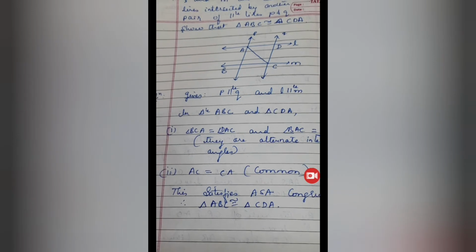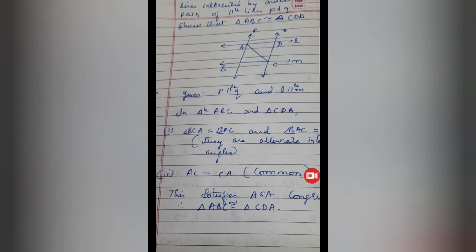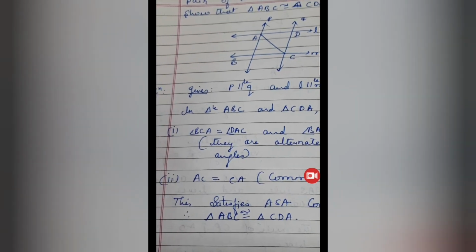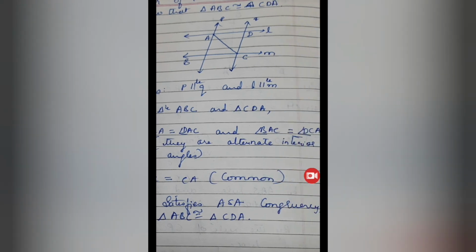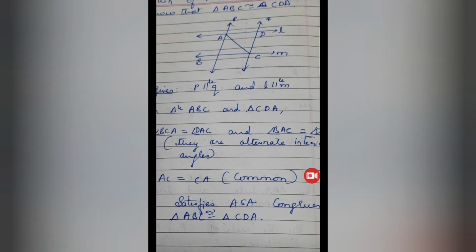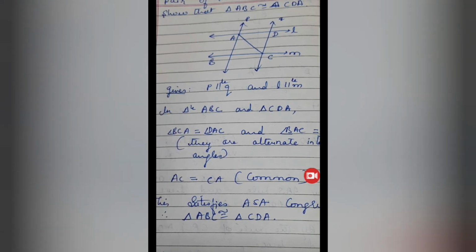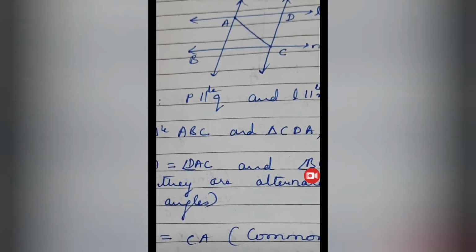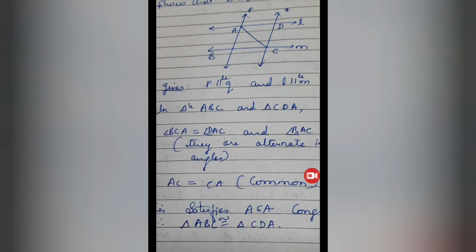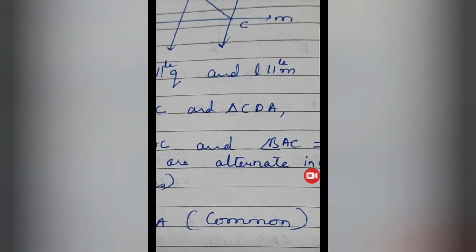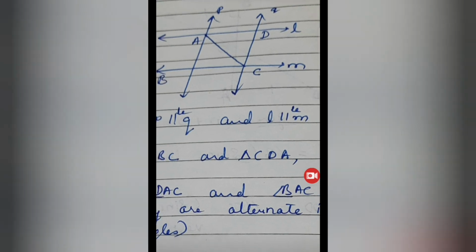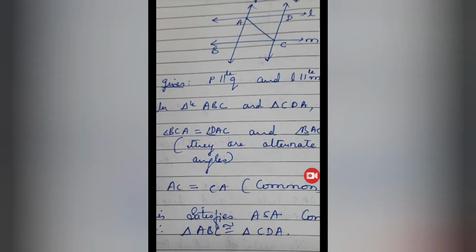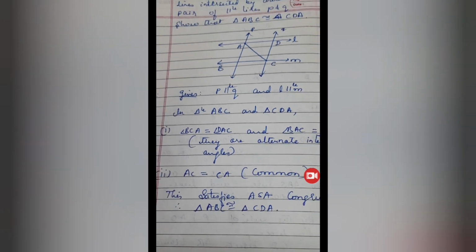Then in triangle ABC and triangle CDA, we need to consider the interior angles, that is alternate interior angles. Which are those? Angle BCA is equal to angle DAC, and also angle BAC is equal to angle DCA. Why? Because they are alternate interior angles. So you got two angles as common angles.